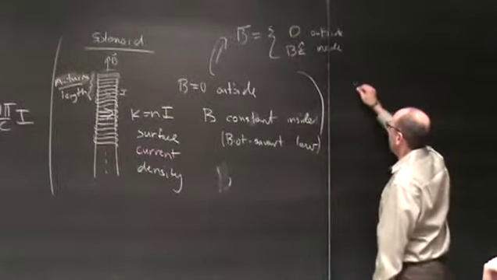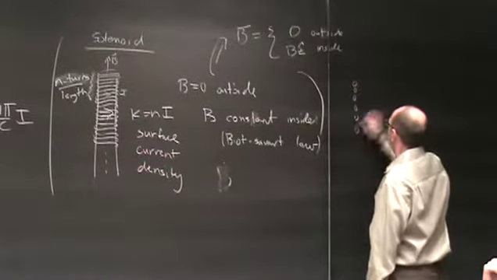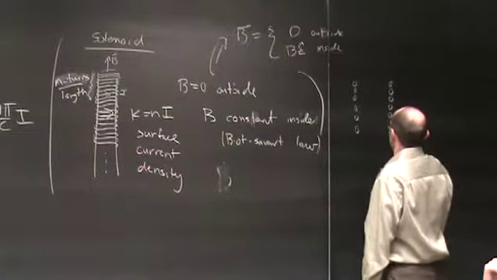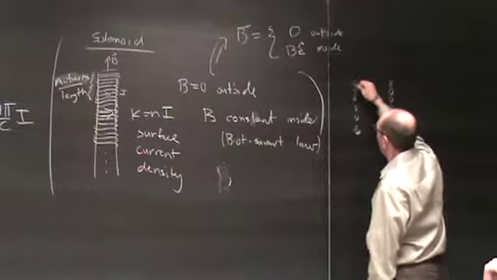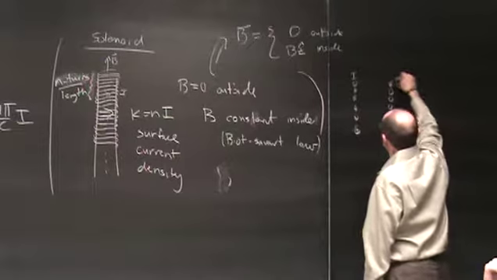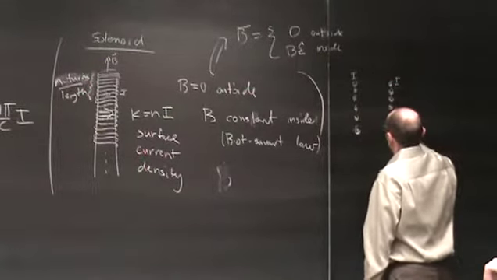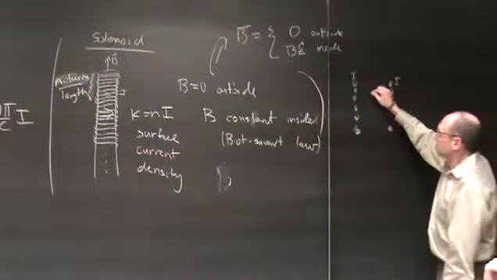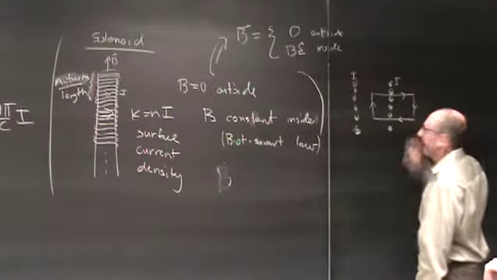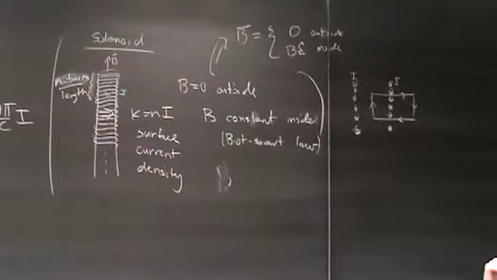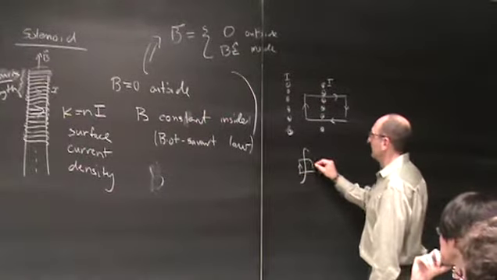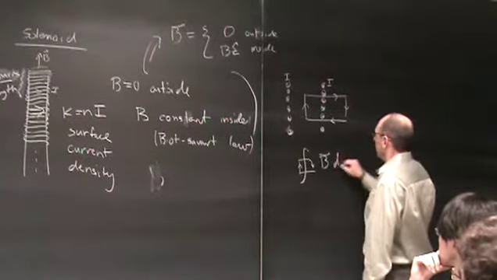So if I, again, draw this no longer in perspective, but in cross-section, here are those turns with current coming out of the board over here, and that's current going back into the board over here. Then I should draw my Amperian loop like that, because the integral of B dot dl is what?